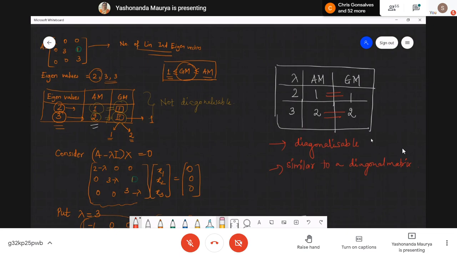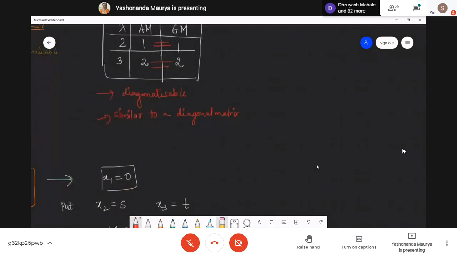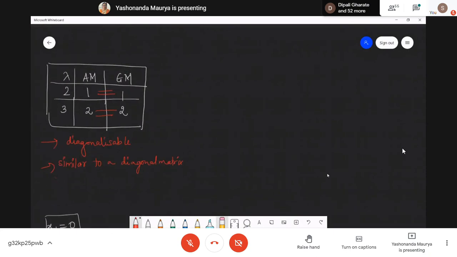And what will be the transforming matrix and the diagonal matrix? Is that part clear? How do we write down the transforming matrix? See, transforming matrix में लिखने के लिए how do we write it? First of all, the diagonal matrix I'll write.